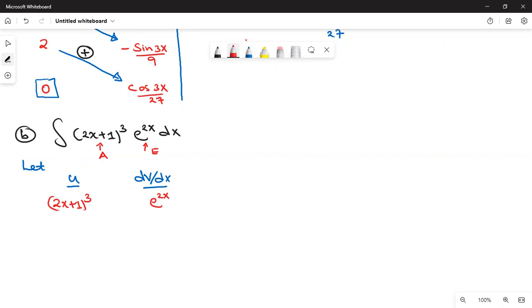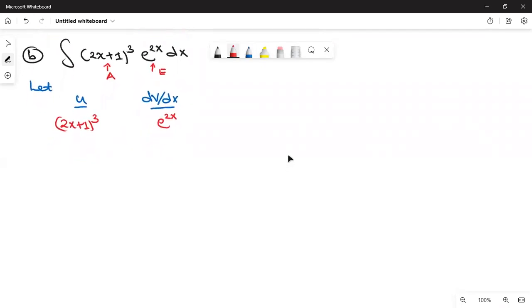As usual, we need to differentiate u until we get to 0, then integrate dv over dx to get the corresponding integral. So let's differentiate 2x plus 1 cubed. Using the power rule, it will be 3 into 2x plus 1 squared, then times 2. So that is 6 into 2x plus 1 squared.